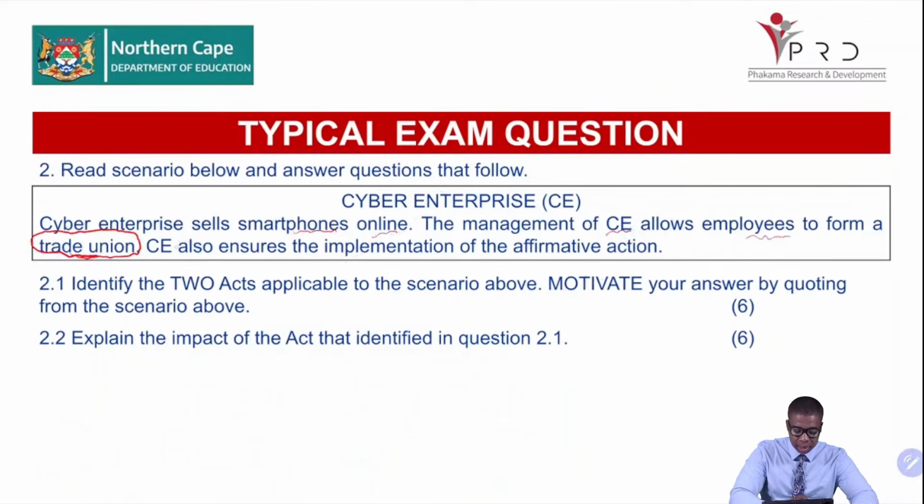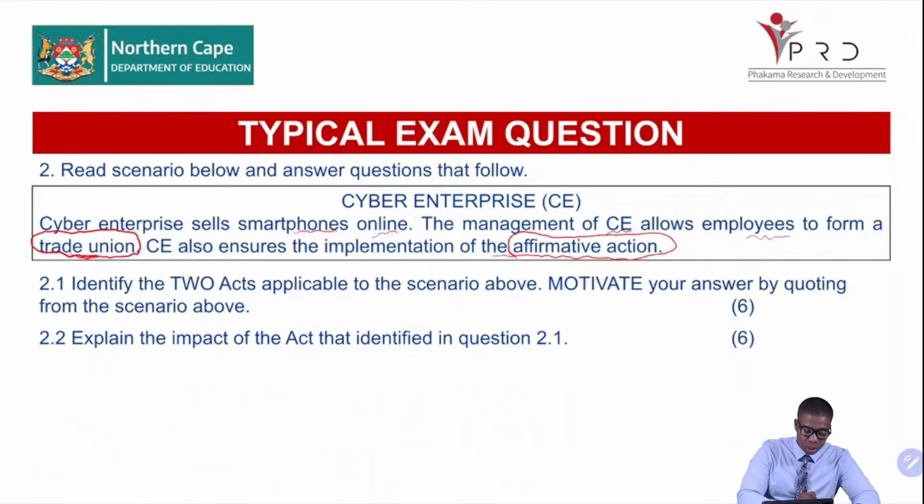And then the sentence continues and says, CE also ensures the implementation of affirmative action. Now, this is our keyword as well, because basically the questions will be asking whether a business is complying or not complying. Therefore, it is important for you to know the keywords that are applicable to each act.